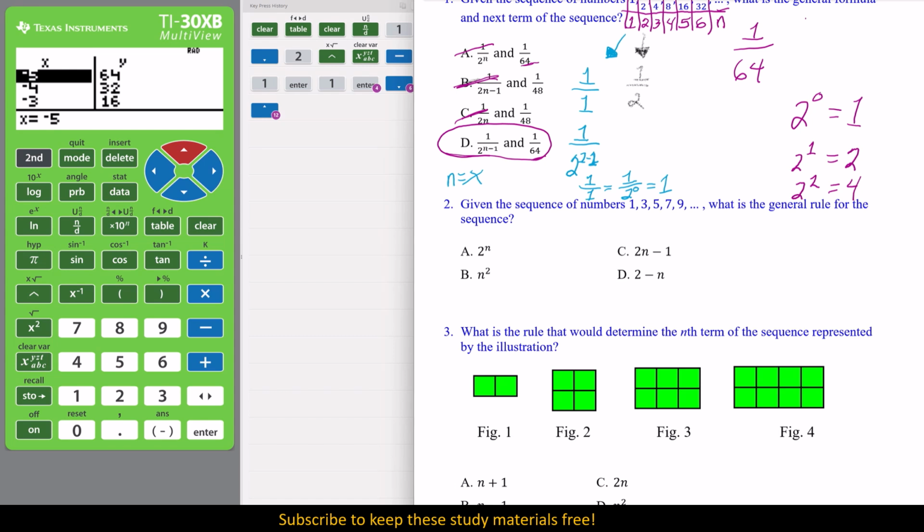I don't think that's going to work either because I have that over here as a sidebar. See my sidebar? That would be 2 to the n. Well, I don't see that, as 1, 2, 4. Well, that's obviously not the same thing. So let's eliminate A. Now, n squared, that would be like x squared.